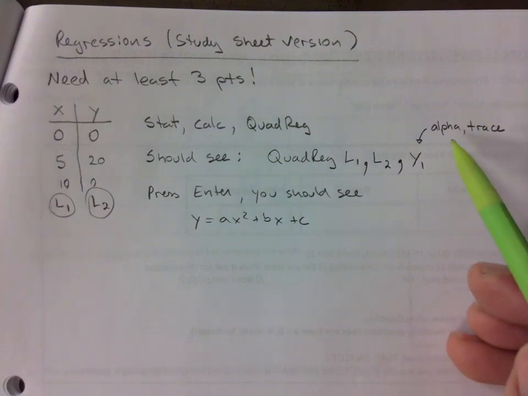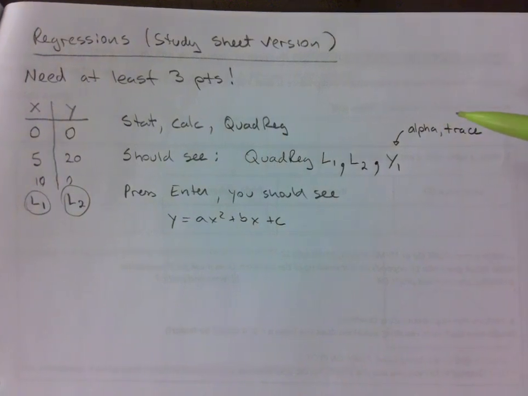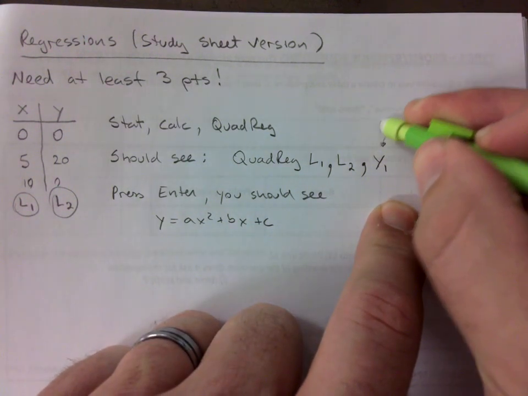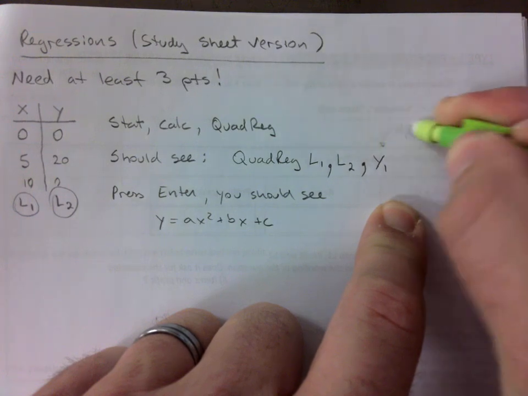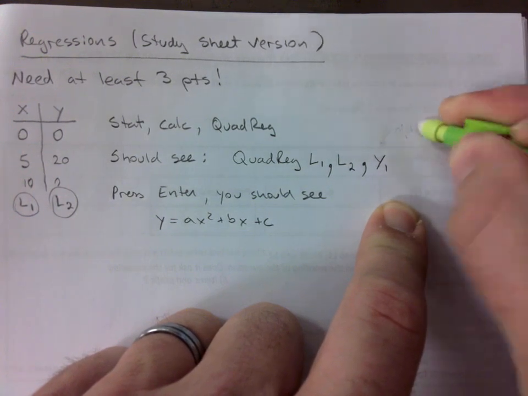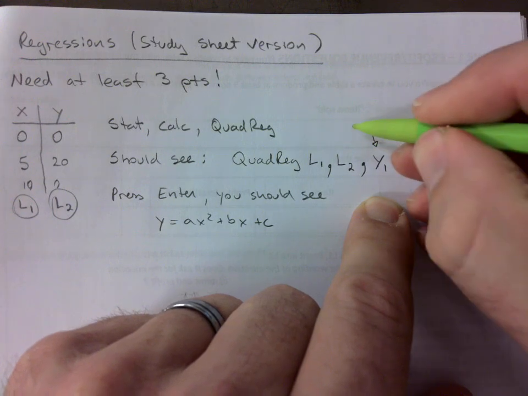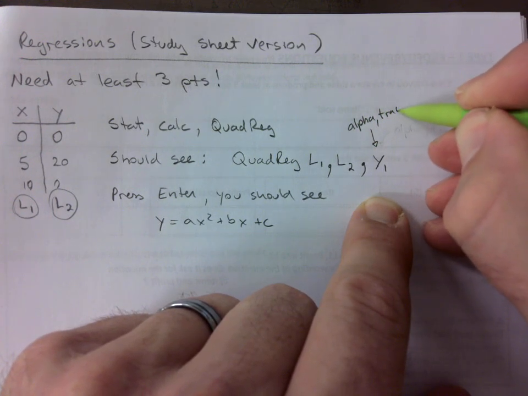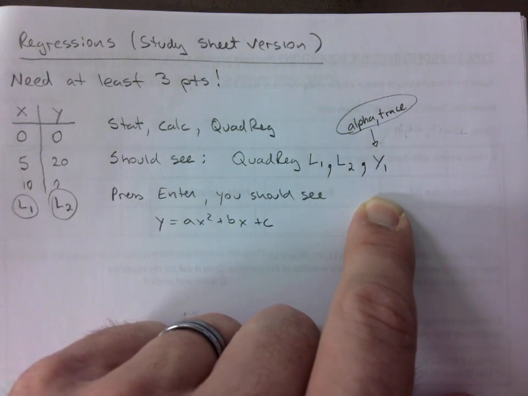I kind of messed up on having the alpha trace take up this side portion, so I will redo alpha trace right above here. My bad, because I want to show you the plot one. I would like that to be on here as well. Just alpha trace to get the Y1 there.